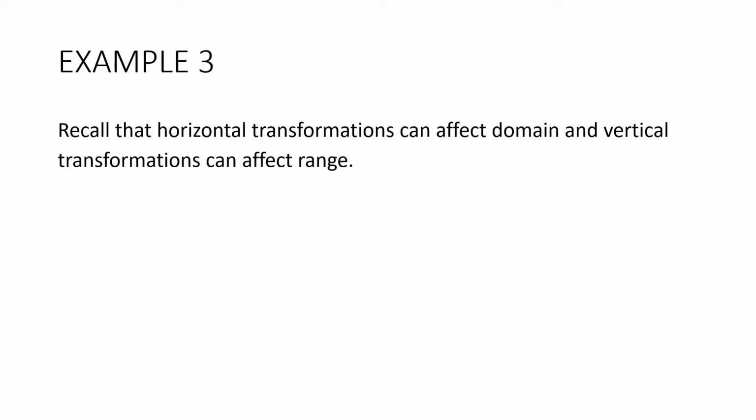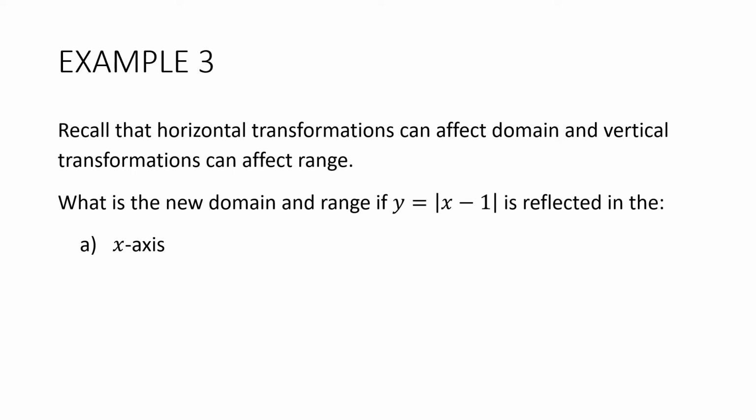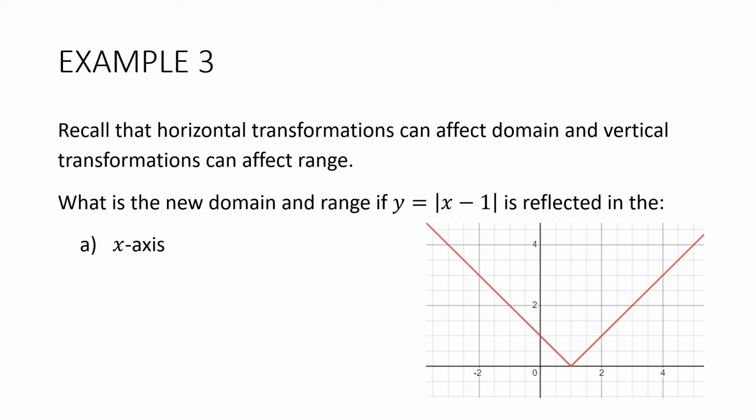And example 3. Recall that horizontal transformations can affect domain and vertical transformations can affect range. What is the new domain and range if y equals the absolute value of x minus 1 is reflected in the x-axis? So we're going to start with what does this look like and what is its domain and range? Now it's an absolute value graph and it has horizontal transformation in it.